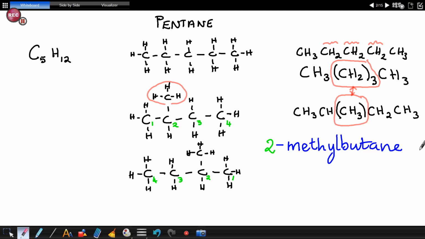Where are the two methyl? Can you show me? There is the methyl, and it's joined to the second carbon in the longest chain. Here is the methyl, and we wanted to say this is the third carbon, but it's not, it's actually the second carbon. Let me show you.